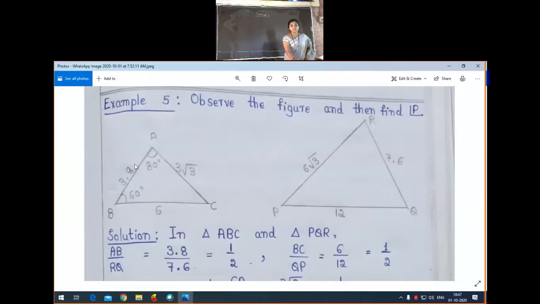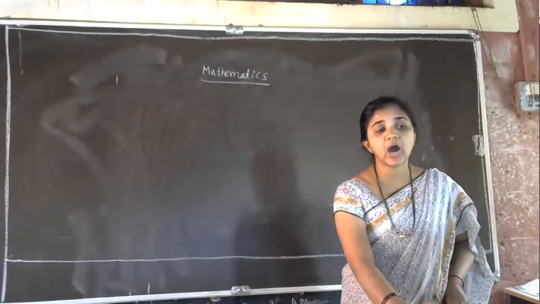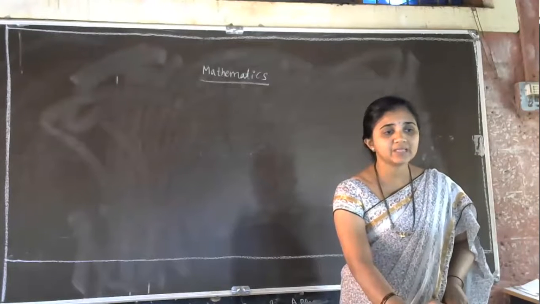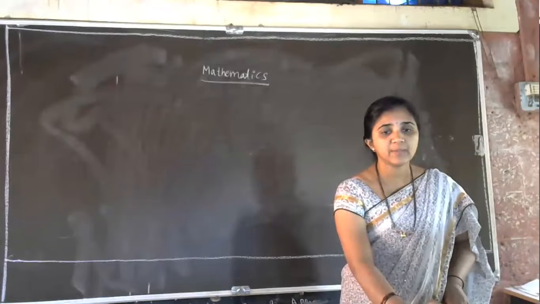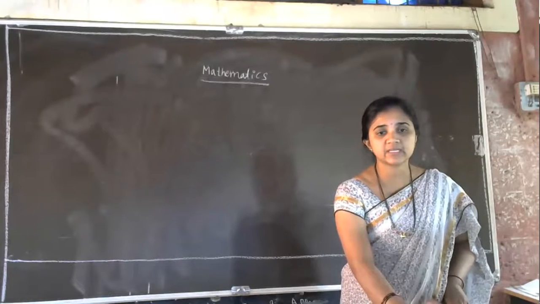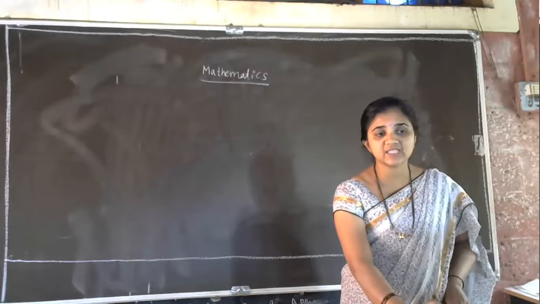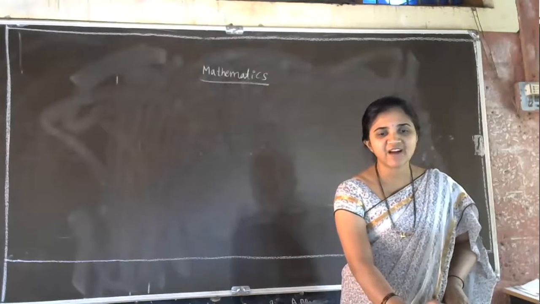So using that, in triangle ABC and triangle PQR, what we are observing is, see here we can apply some ratio: 3.8 and 7.6, then 3 root 3 and 6 root 3, and 6 divided by 12.